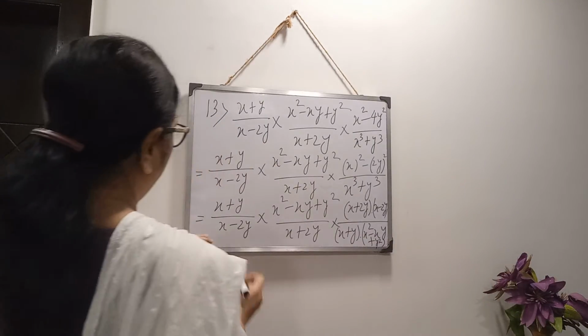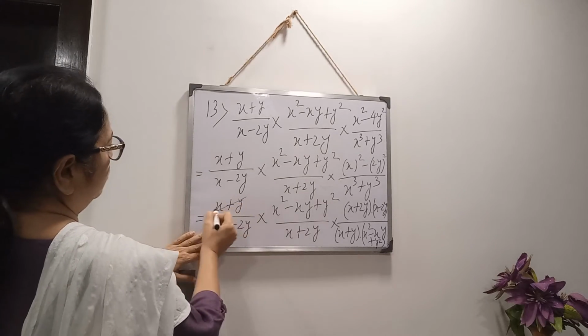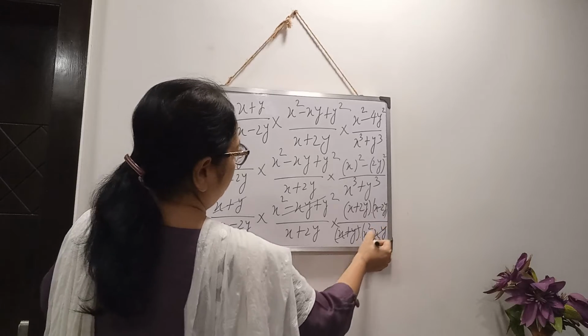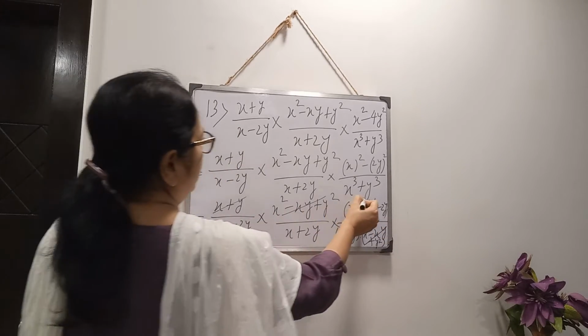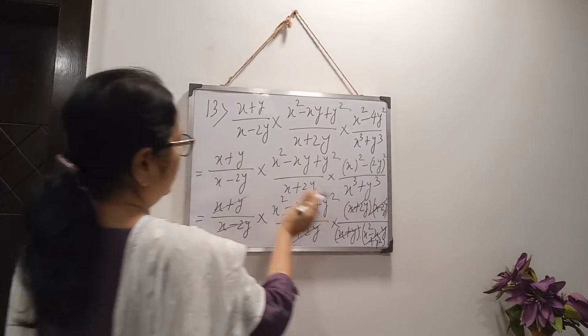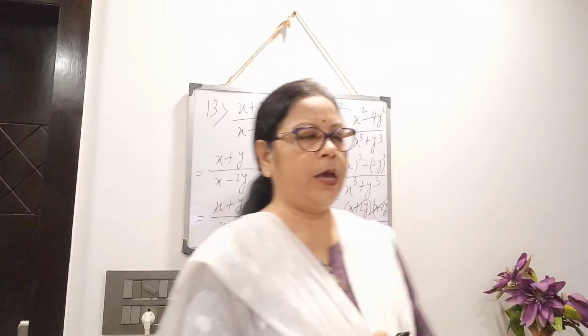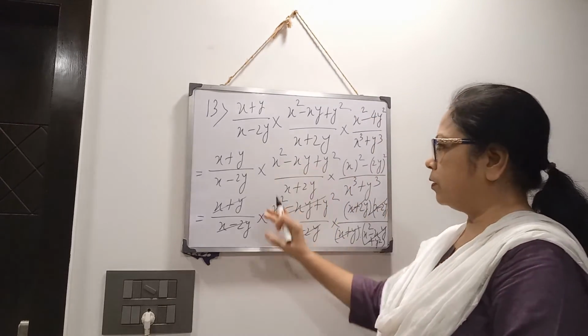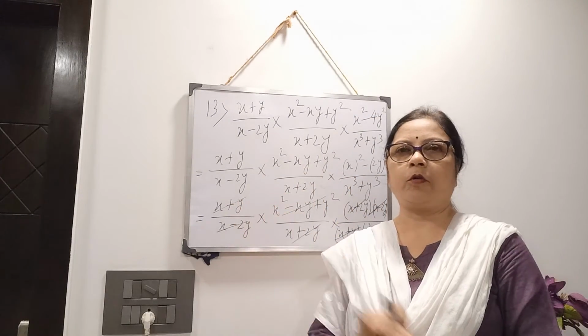Now see what we can cancel: x plus y, x plus y, this whole factor. x plus 2y, very good, x plus 2y. This is also this. So nothing is there. When I checked the copies, I noticed that up to this you have done properly, it is okay.